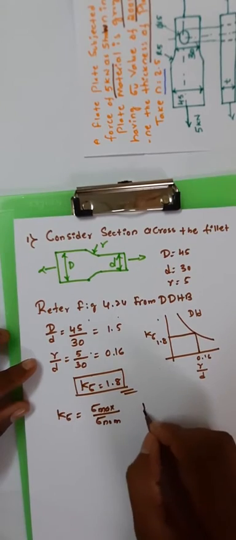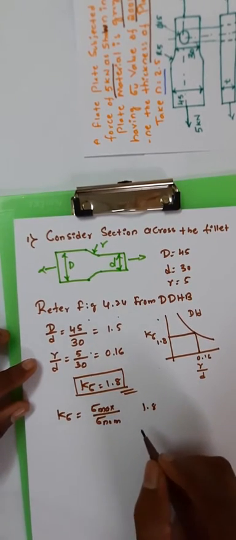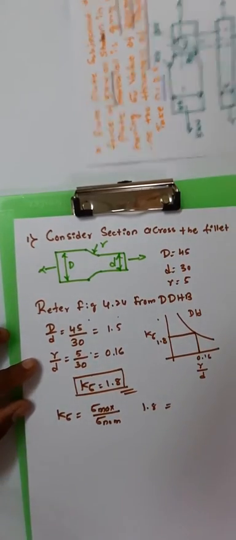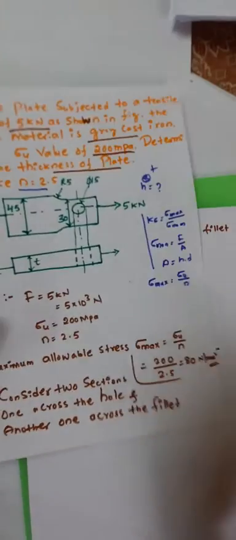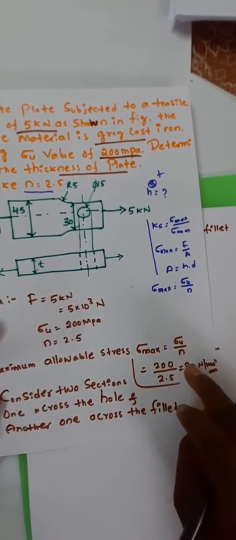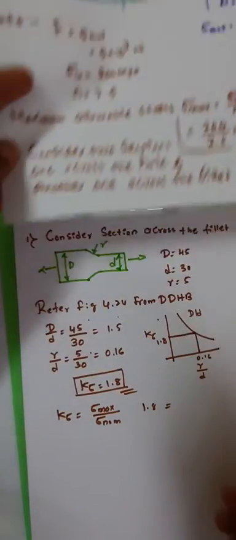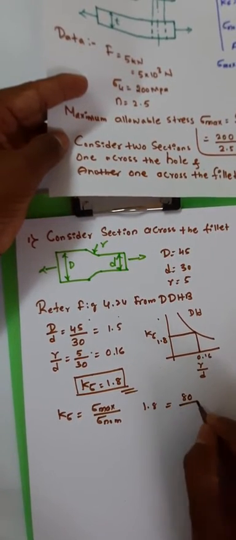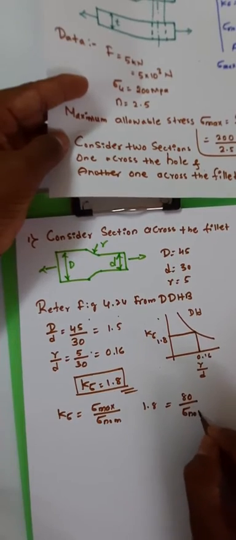So here we know that 1.8 is the K sigma. Then what is the maximum stress? We will find out in this problem. The maximum allowable stress, sigma max, is equal to ultimate stress divided by factor of safety. Then substitute that value, 80 divided by sigma nominal, which we do not know.